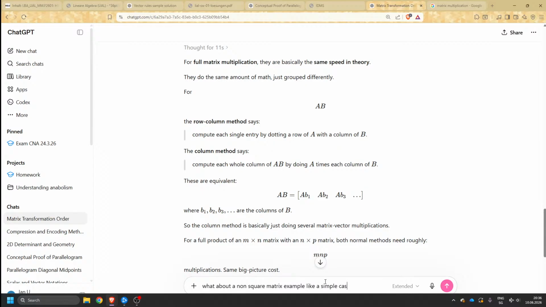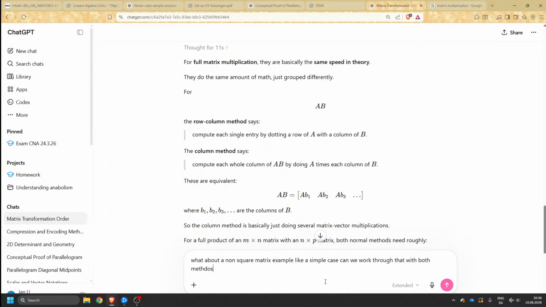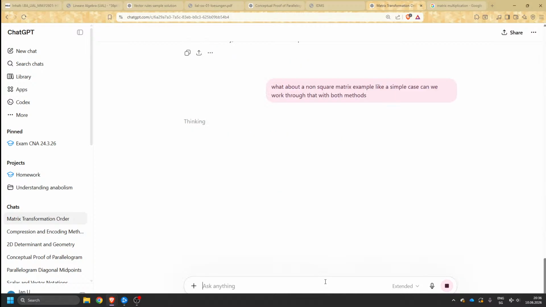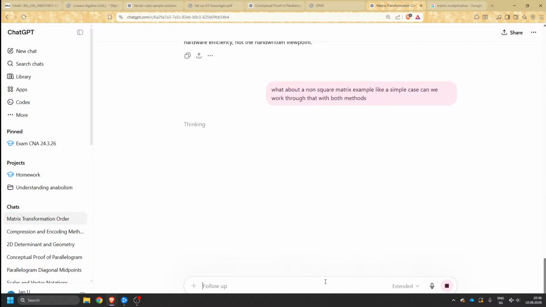Simple case. Can you walk through that for both methods? Emphasis on methods, right? Is what it is.